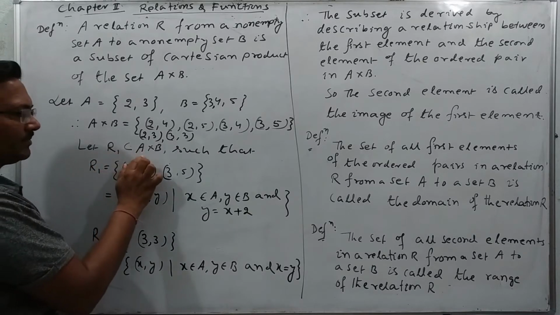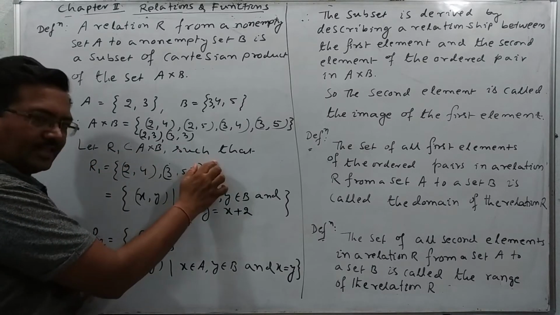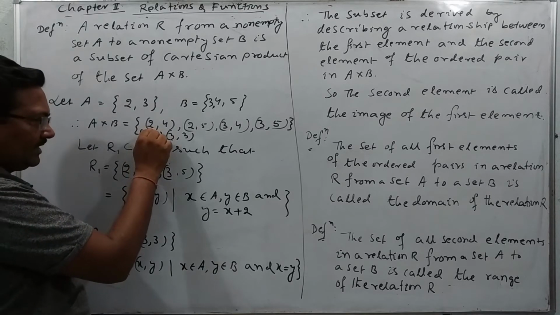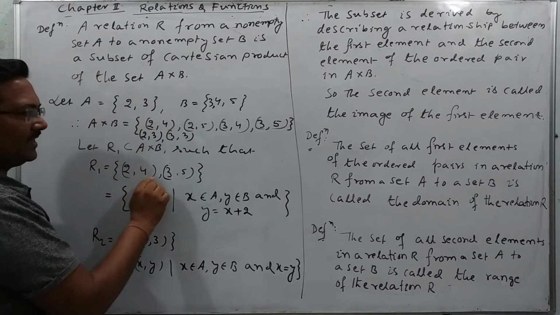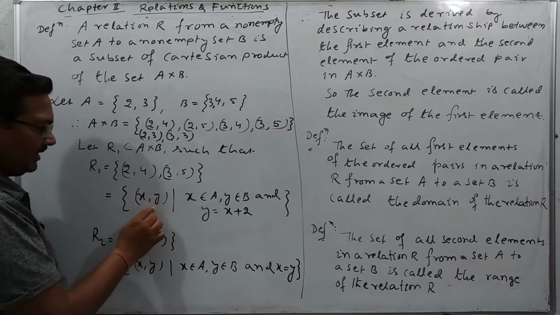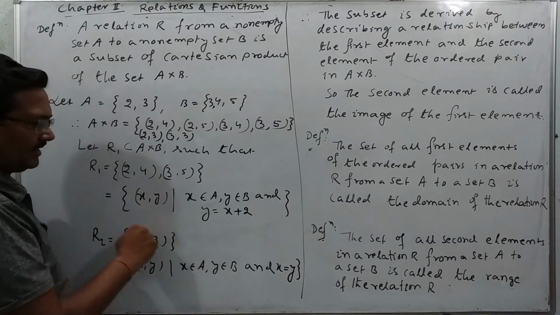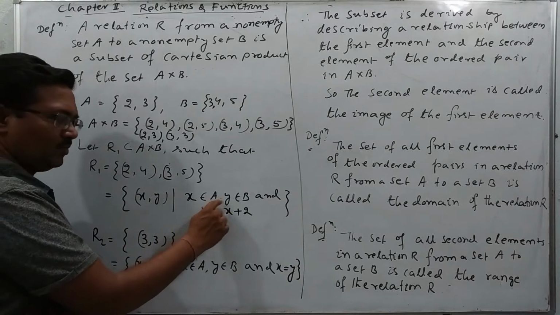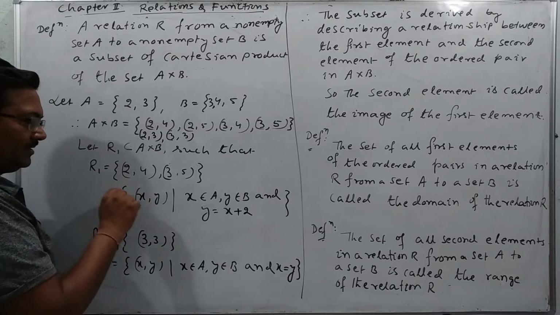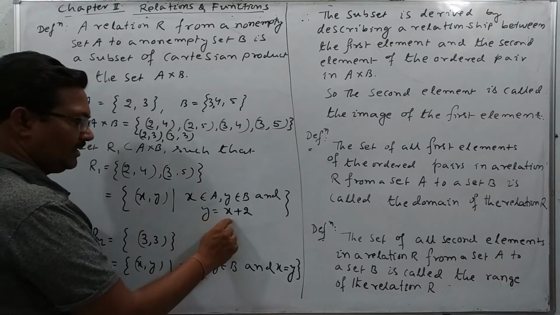Let R1 be a subset of A Cartesian product B such that R1 equal to {(2, 4), (3, 5)}. In set builder form, (x, y) is an ordered pair such that x is an element of A, y is an element of B, and here we have a relation y equal to x plus 2.